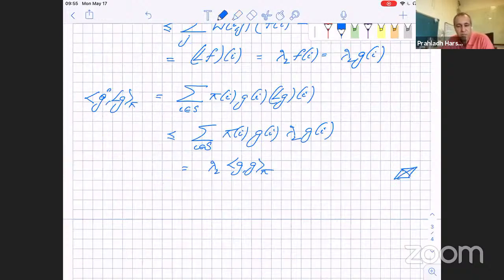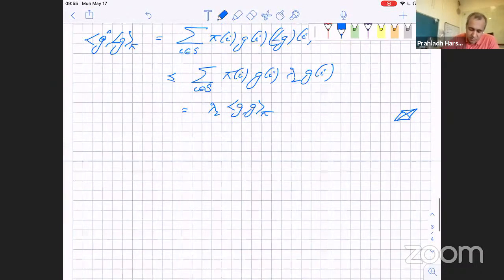Okay, are people with me so far? Okay, so now I'll prove the second lemma, lemma 2, the following lemma which we had stated without proof last time.